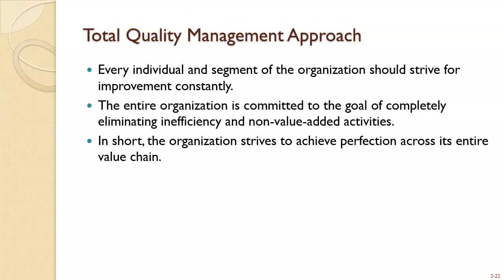So the other philosophy was the total quality management approach, and that is every individual segment of the organization should strive for improvement constantly, and the entire organization is committed to the goal of completely eliminating inefficiencies and non-value activities. Basically, the organization strives to achieve perfection across the entire value chain.